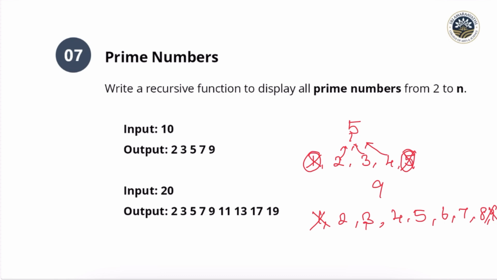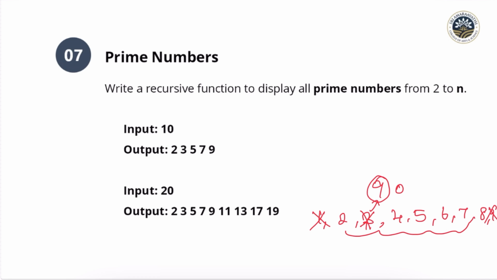But if you check with 3, it will divide 9 and give the remainder as 0, which means it divides the number 9 completely. So like this, if any one of these numbers divides that number, then it cannot be considered a prime number. These are the concepts. For these only we need to program. Okay, let me start programming.